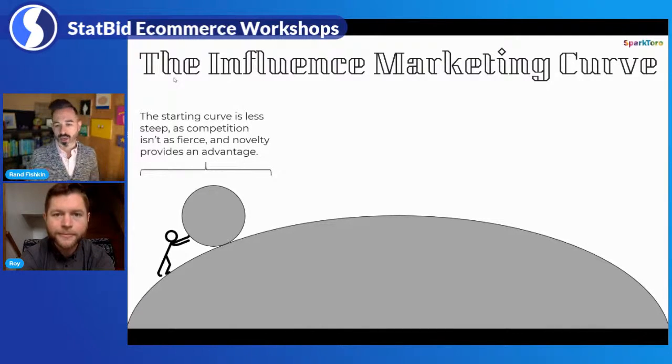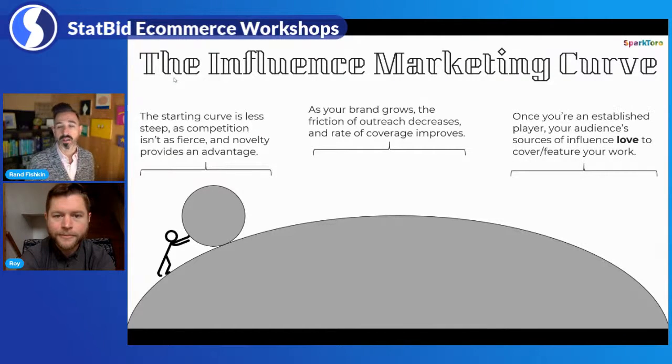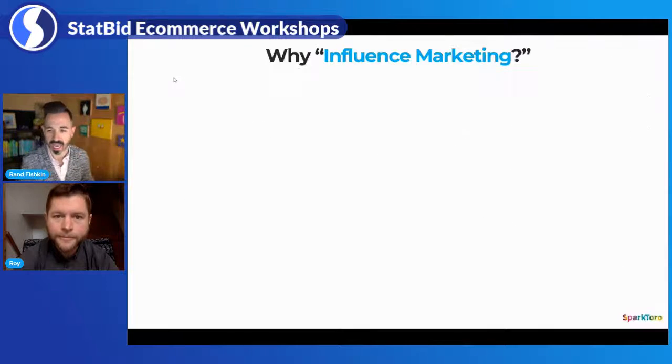It is in the interest of the press and media and social media users and email newsletters to cover new things, as opposed to Google and Facebook, who have different incentives. And when your brand grows, the friction of this outreach decreases. Once you're an established player, that curve gets even more downhill. But this is just much less steep than the SEO and content curve is today.